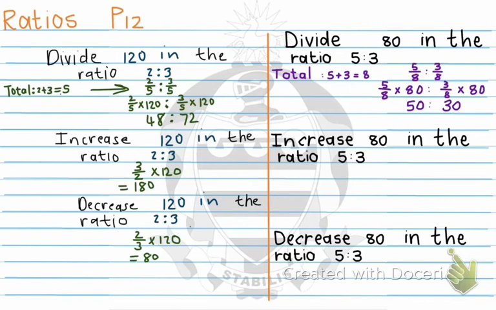The next one. Now they ask us to increase 80 in the ratio 5:3. Now remember, I don't look at all the total parts here because I'm not dividing, all right? I simply look at which ratio is bigger, because increase means my answer must be bigger than 80.